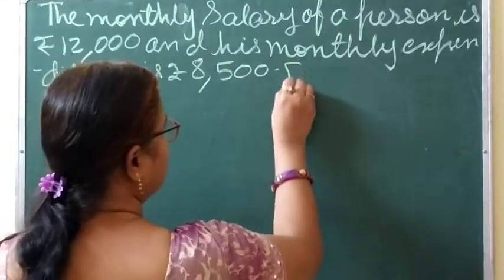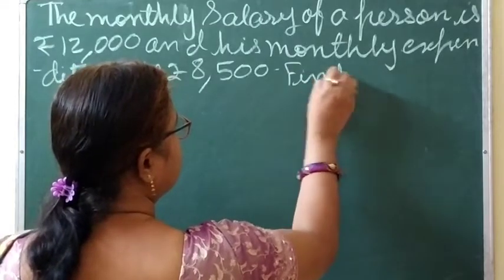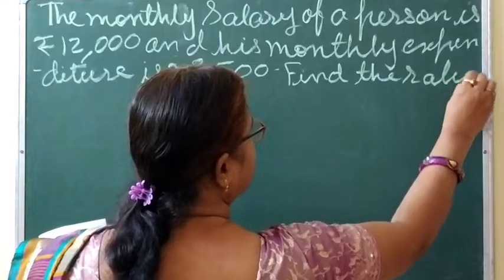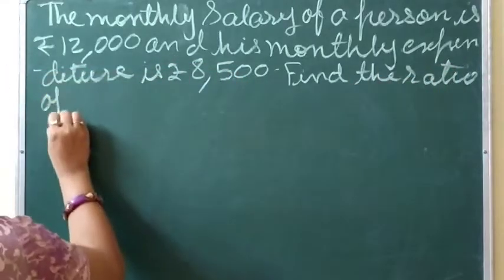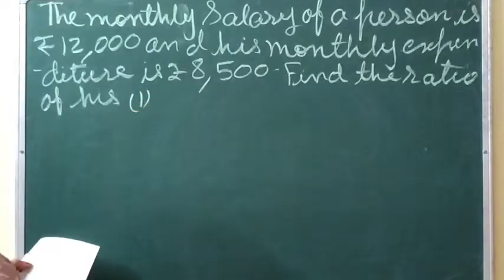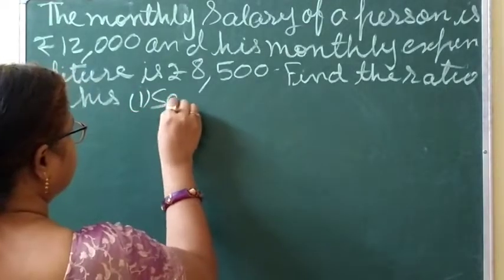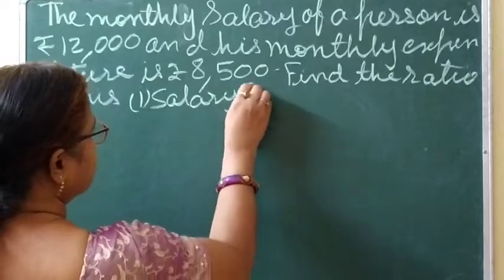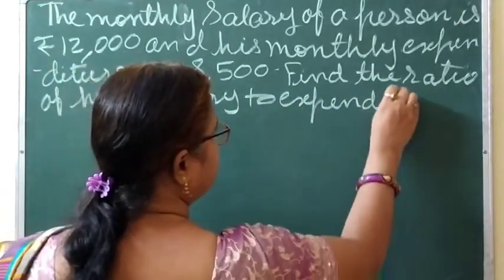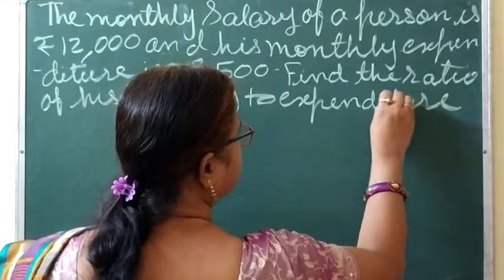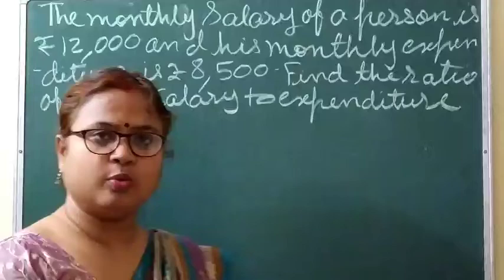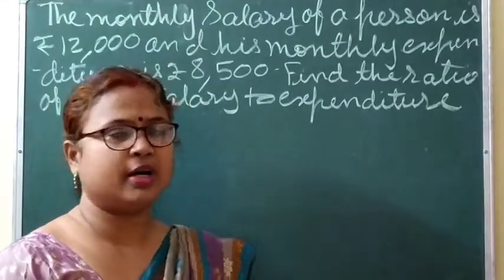Find the ratio of his: number 1, salary to expenditure. Clear? So first we will solve sub part 1 and then sub part 2.